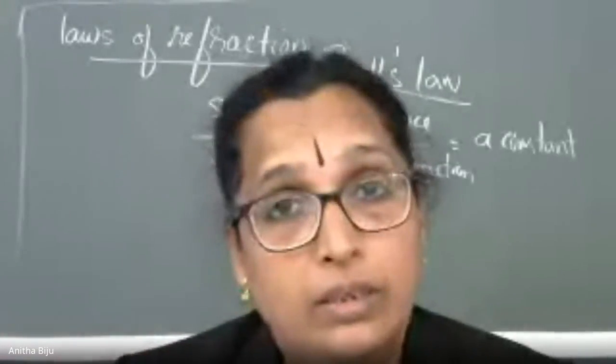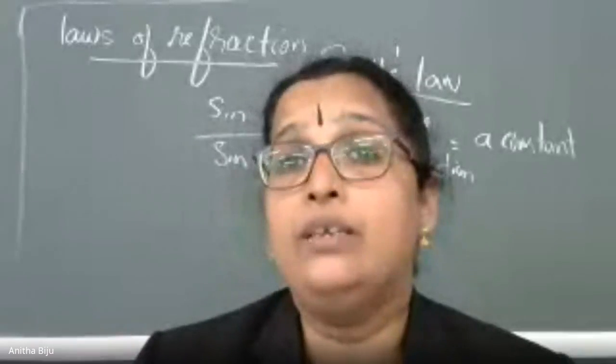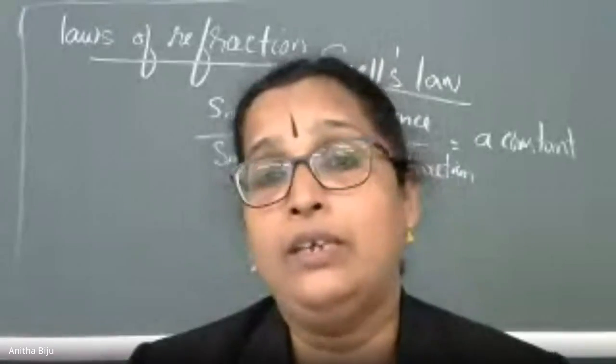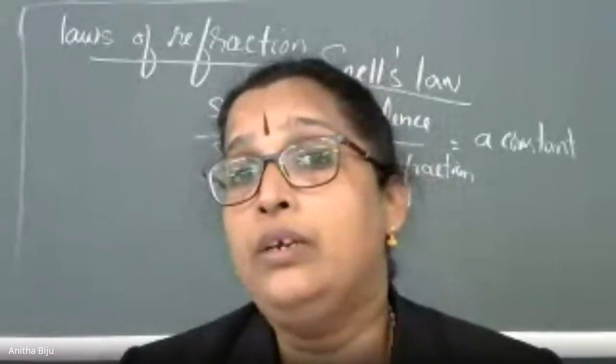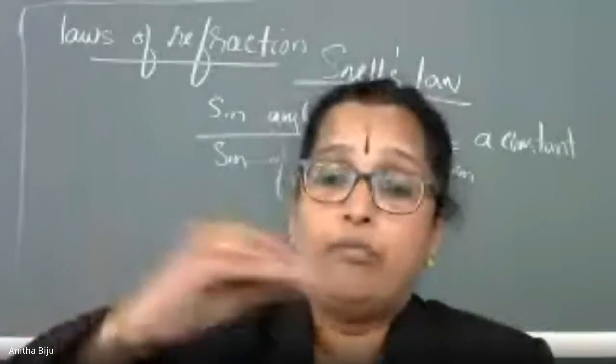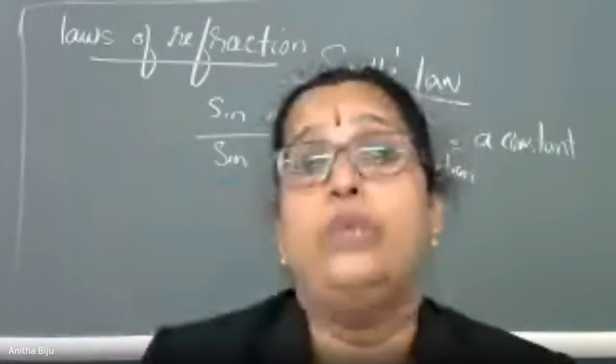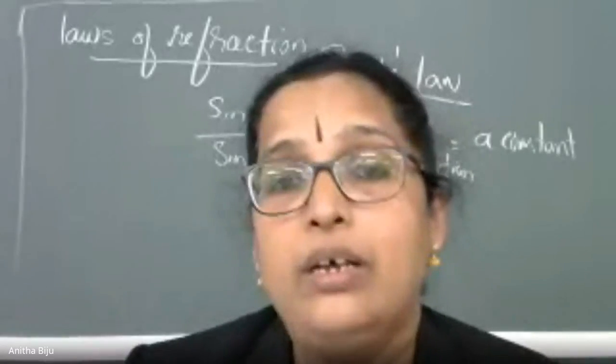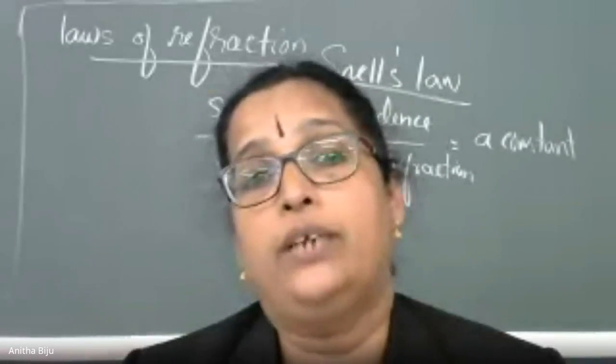Got it? This is the difference. So we can say that refractive index is not a permanent quantity. It is a relative quantity. Relative means one with respect to the other, how much it is. So this is the significance of refractive index.